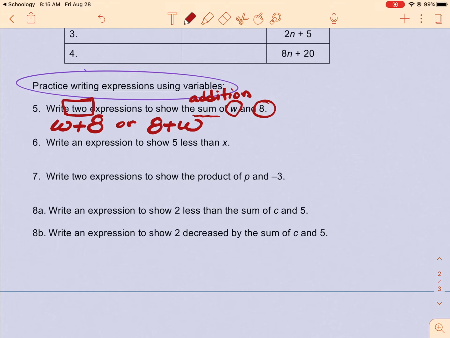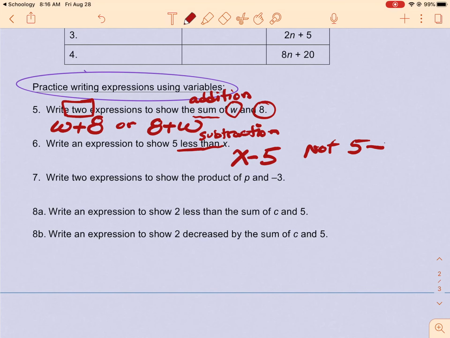Let's look at the next one. Write an expression to show 5 less than x. So less than, we're thinking subtraction. If it's less than something, we're taking away. So to show 5 less than x, 5 smaller than x would be x minus 5.